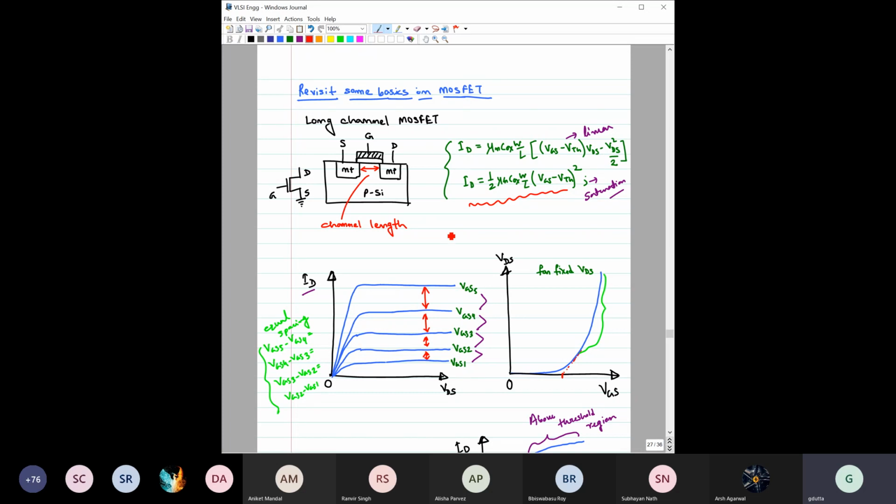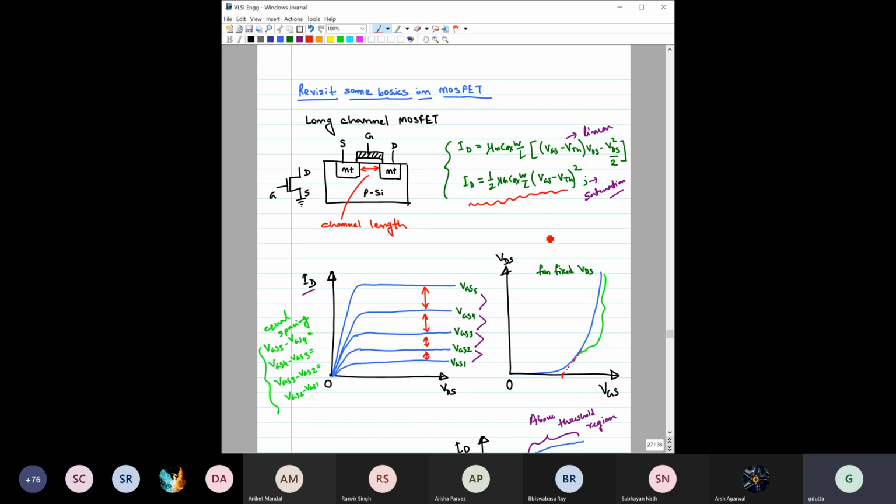Particularly when I use a ruler to draw the straight lines, my lines will be almost equally spaced. But that is not the correct thing for a long channel MOSFET, particularly when we write this equation. Please take note of that. If you see this type of characteristics, then it is correct for a long channel. If not, then that is not a long channel MOSFET.